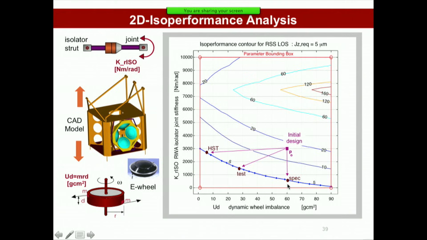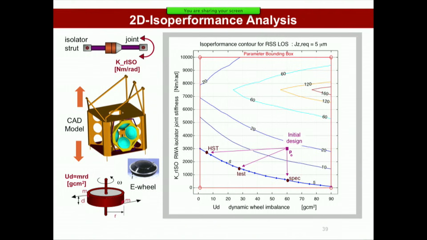Or you could go straight down this point here called spec. So you're essentially tolerating a noisier reaction wheel, but then you need a very, very soft, very capable isolation stage, very soft isolator. What's the disadvantage of having very soft isolation?